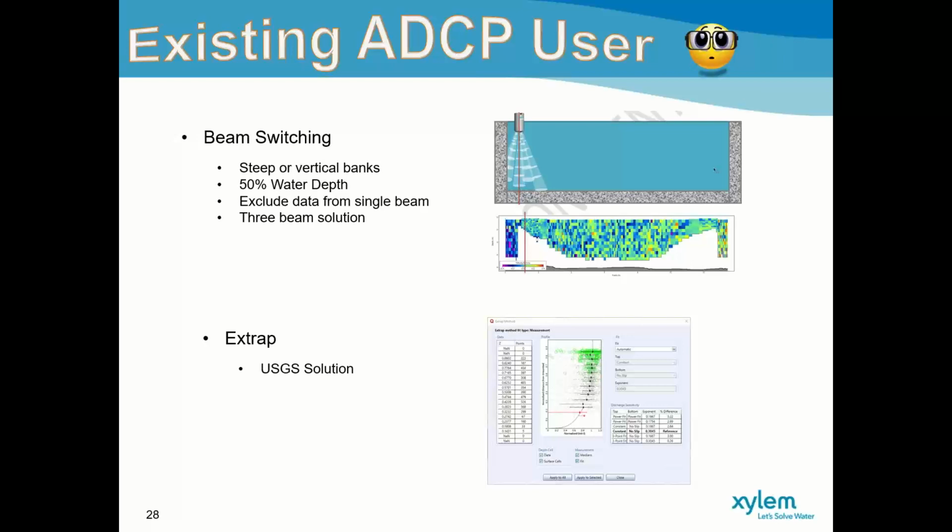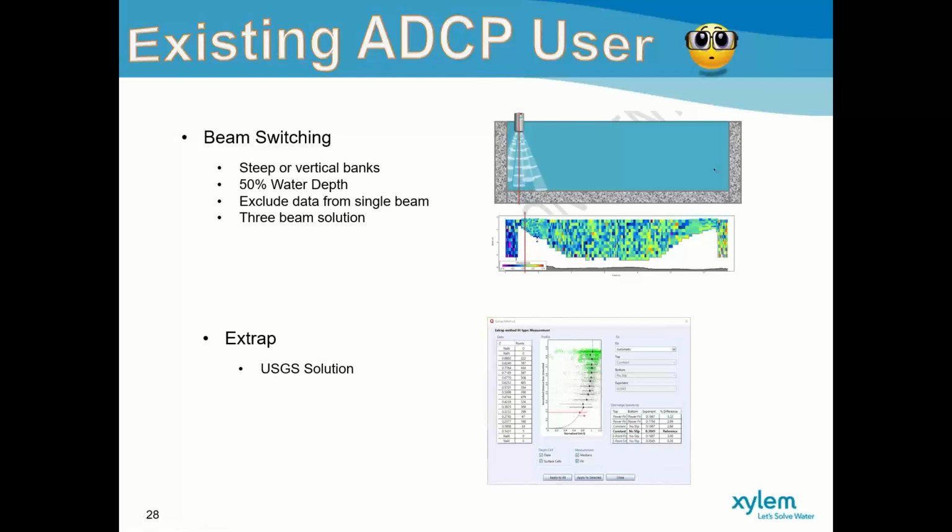Now, if you understand the principles associated with ADCPs, the depth of velocity profiling is based on the shallowest beam. So I'm going to say it again. The depth of velocity profiling is based on the shallowest beam that's measured.